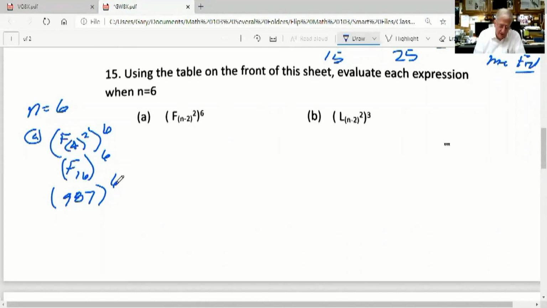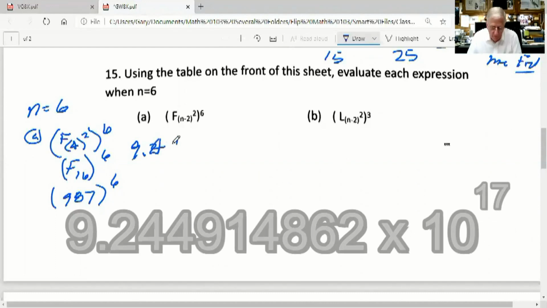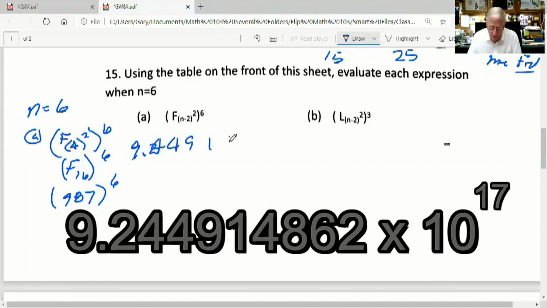987 caret 6 equals what? Wow. One huge number. So here's what it is in scientific notation. You'll probably see it on your calculator. 4.491486 2 times 10 to the 17th.